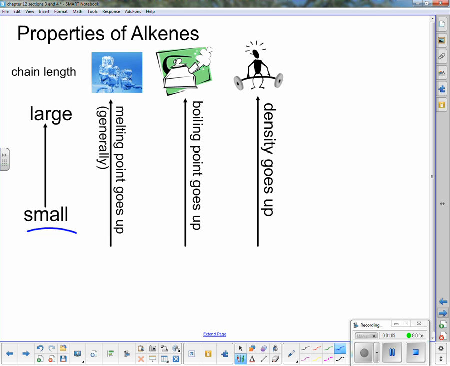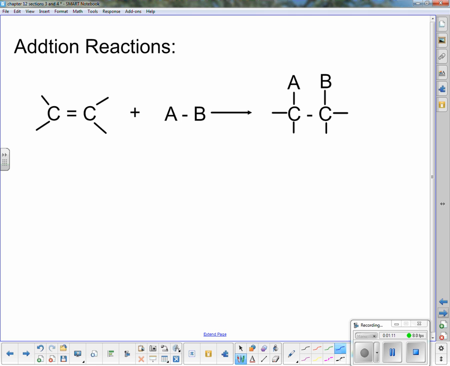Let's go on. We have what's called addition reactions when we talk about alkenes and alkynes. What happens is a compound, let's say AB right here, comes in and it will break up a double bond, because a double bond's a little stressed and it likes to be single bound. And the compound will attach like this.